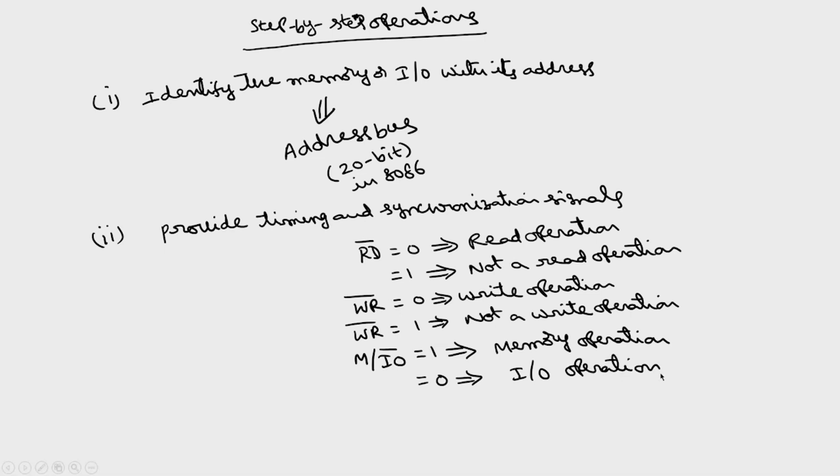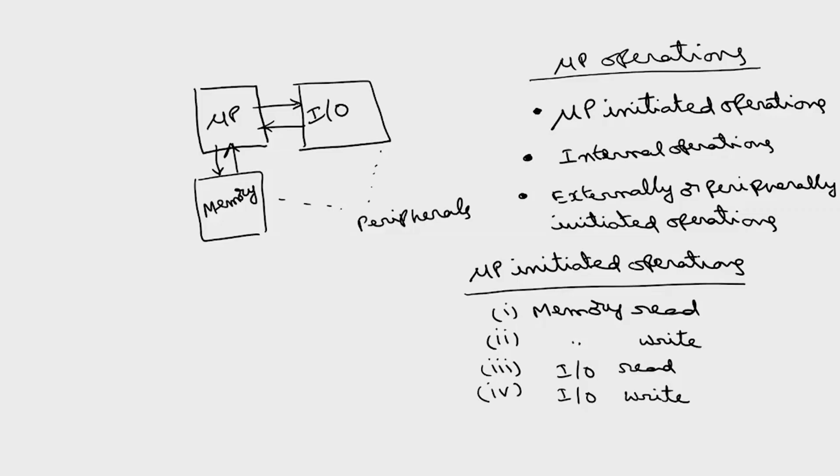So, using these three control signals, read bar, write bar, and M by IO bar, we can perform all the 4 operations that I have discussed in the last slide, that is memory read, memory write, I/O read, I/O write.